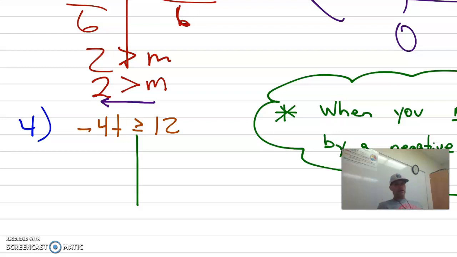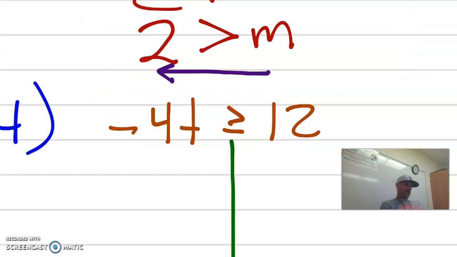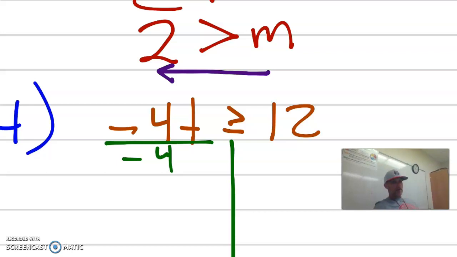Draw that line down the middle. Pay attention to what the variable is. The variable is t. That's what we want to isolate and get by itself. So we're multiplying by negative 4t. What's the opposite of multiplying by negative 4? It's dividing by negative 4. Just like fractions, if you do it to one side, you got to do it to the other.